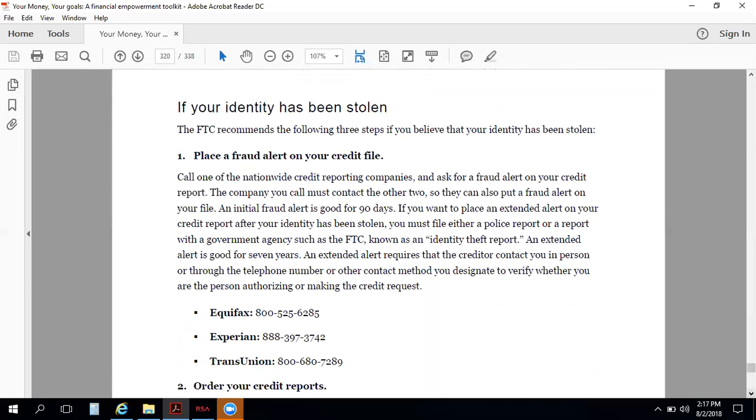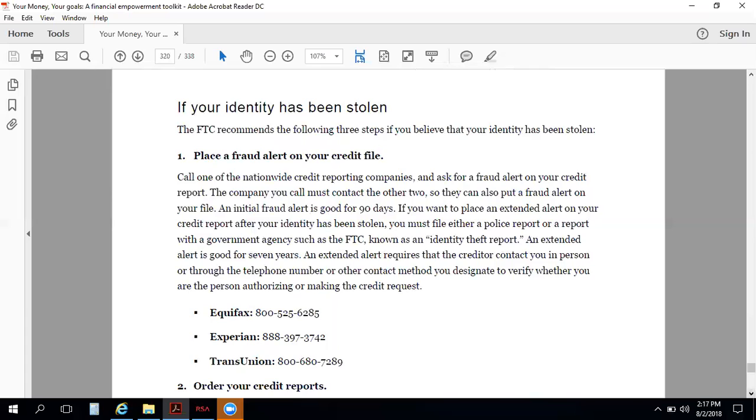This next section is some information on what to do if a client feels like or verifies that their identity has been stolen using any of the methods above. So the first thing you should do is place a fraud alert on your credit file, and this would allow a client to protect themselves by stopping the identity thief from opening up any new accounts in the client's name.